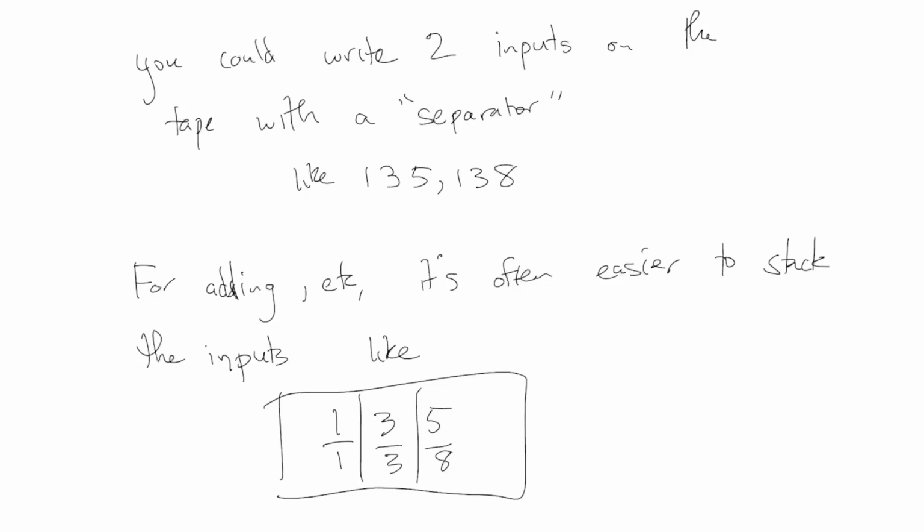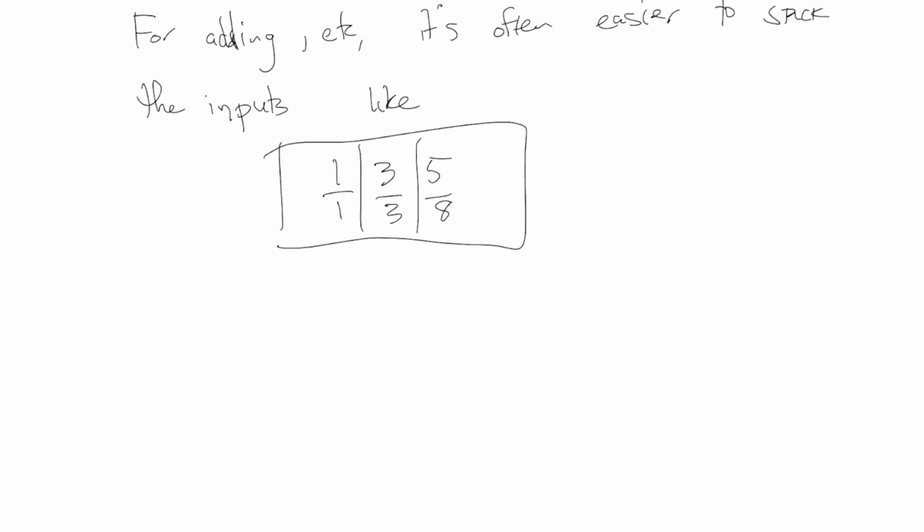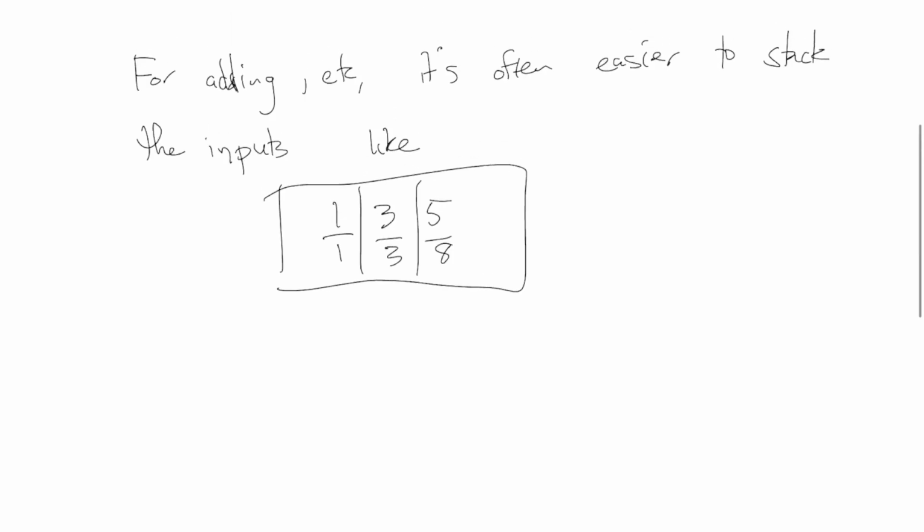So let's try and do some examples of two parameters which are stacked in this way. Of course we are also going to do everything in binary because that's easier than dealing with 10 different digit symbols in base 10. All right, so it's often easier to stack the inputs like this.